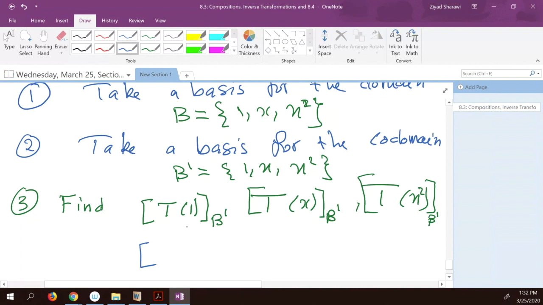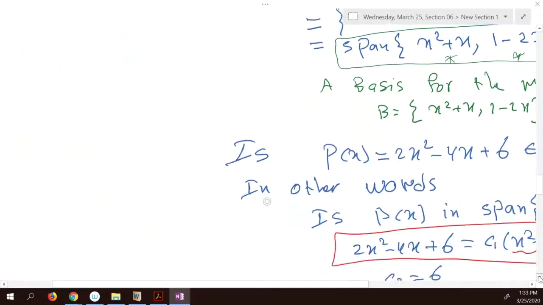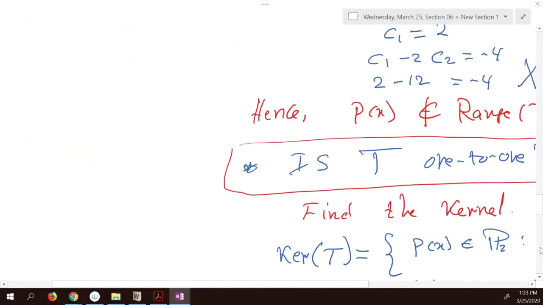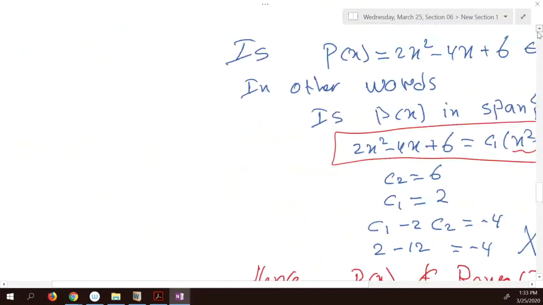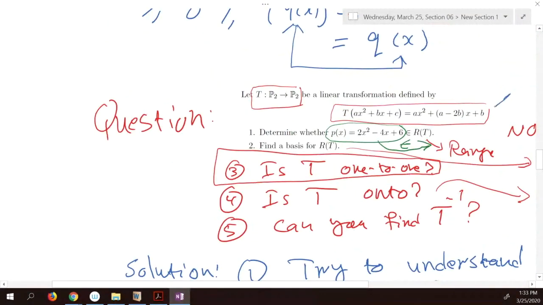This is still the same T, the same T that I used before. Let me go up so you can see it. It is the same T here.